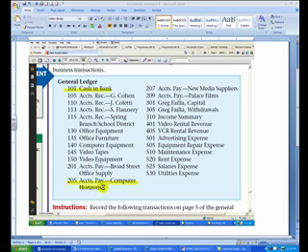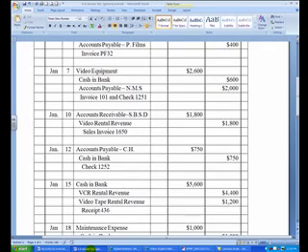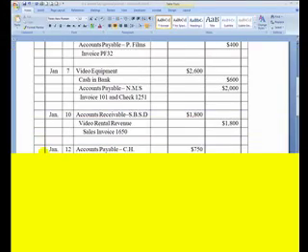Let's go ahead and take a look then. So on the 12th, we list the date and we list the accounts payable to Computer Horizons, CH. Again, a decrease in a liability account is a debit. Debits always go first.